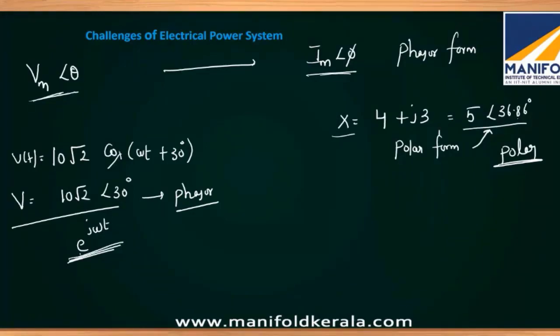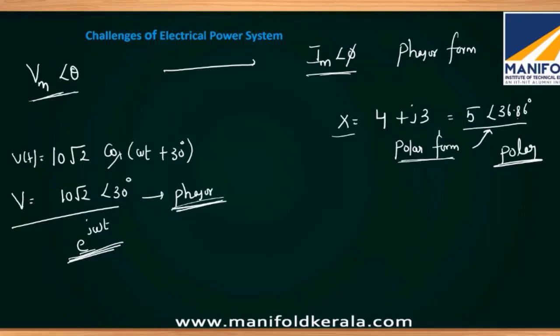So that's why one more term is coined, called phasor. What is the significance of this e power j omega t term? I'll tell in the next 5 minutes. But remember, polar is different from phasor because it has the additional e power j omega t term.